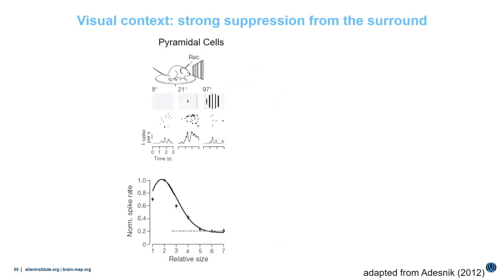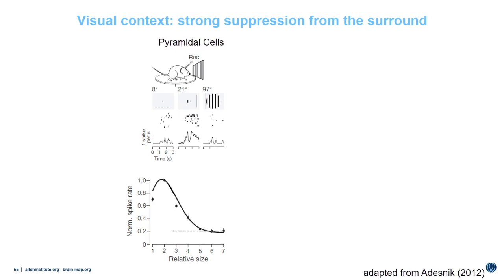Studies in mouse visual cortex have confirmed that excitatory neurons typically display exactly this kind of behavior in response to bars of varying length or gratings of varying size. You get exactly this kind of size tuning curve that I just described.